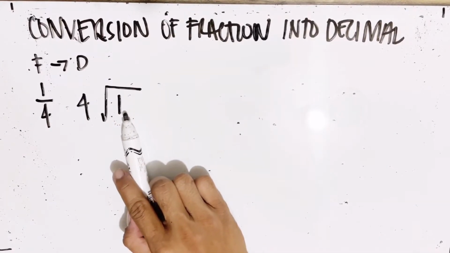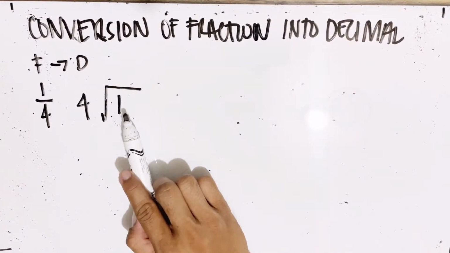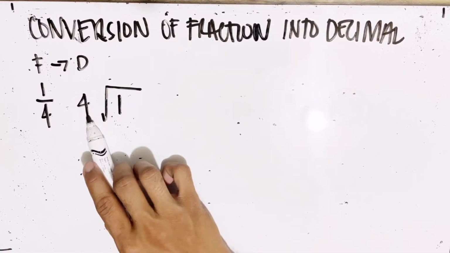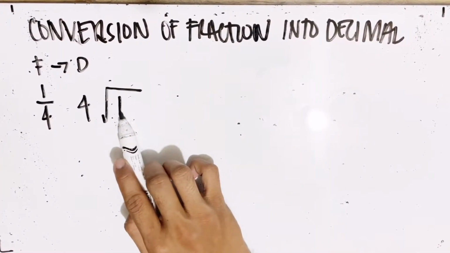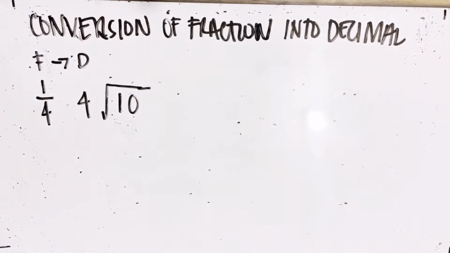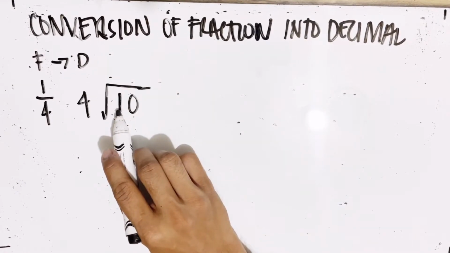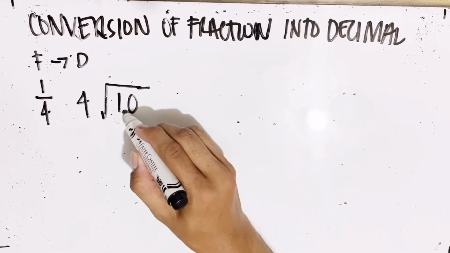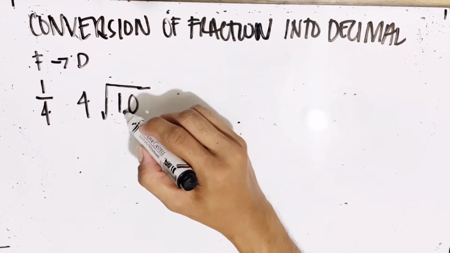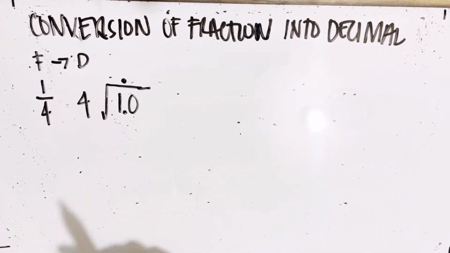Next, we will start dividing. So 1 is smaller than 4, so we will add another 0 beside 1. So 1 becomes 10. But first, in between 1 and 0, we should place a decimal point. And while placing the decimal point here, we will also place a decimal point above.